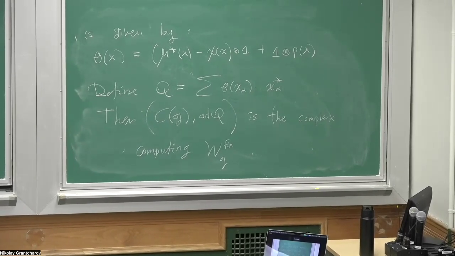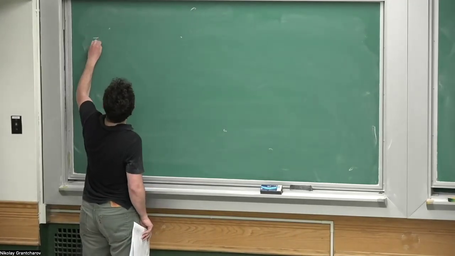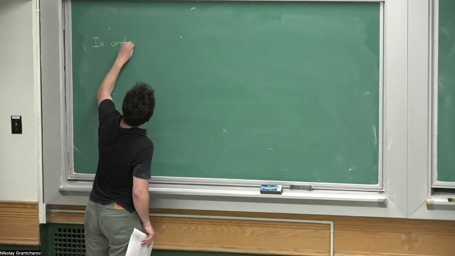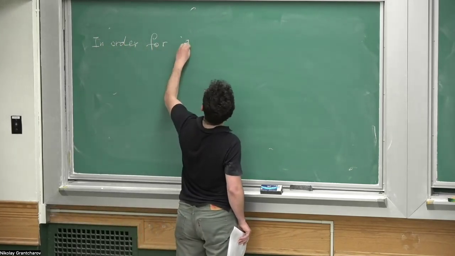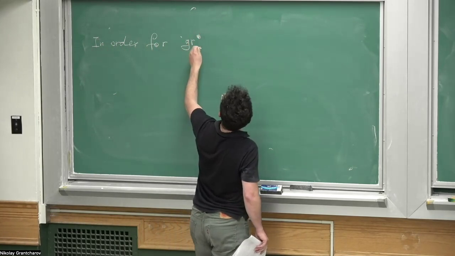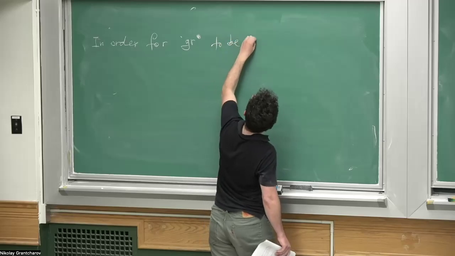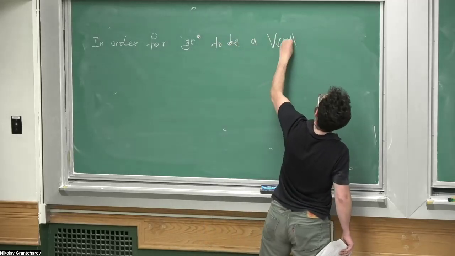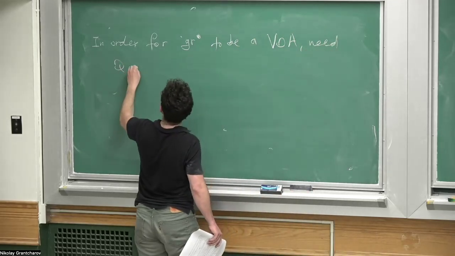It's literally repeating the instruction, but adding a bracket Z. So in order for the associated graded vertex operator algebra, we need that to have degree 0.